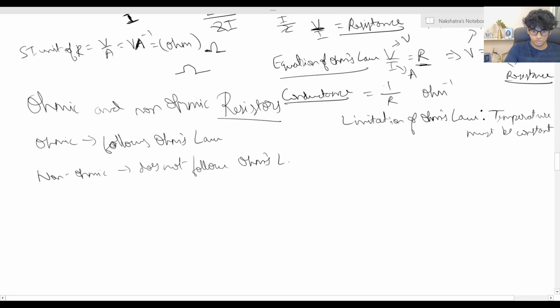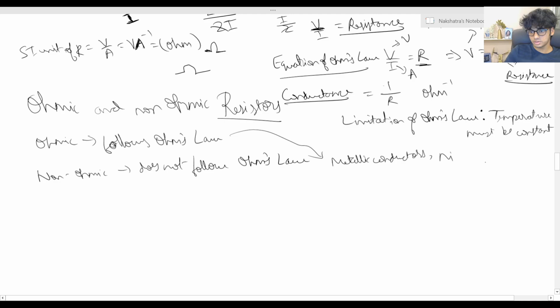Ohm's law, okay. Examples of ohmic are metallic conductors, okay, like copper, gold, silver, aluminium. These are your metallic conductors. These will always follow Ohm's law. Aside from this, you have nichrome.